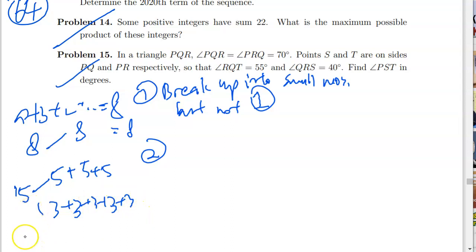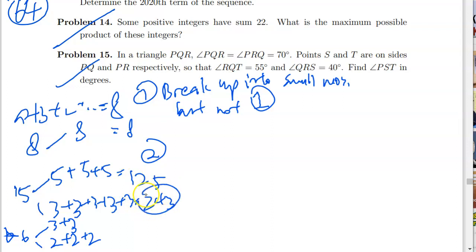And then another example would be 6, because this one is a very crucial one, to be honest. Maybe I can divide it into 3 plus 3, or maybe 2 plus 2 plus 2. So for 5 plus 5 plus 5, its product will be 125, and then for these five 3s, its product will be 243. So obviously this one wins.